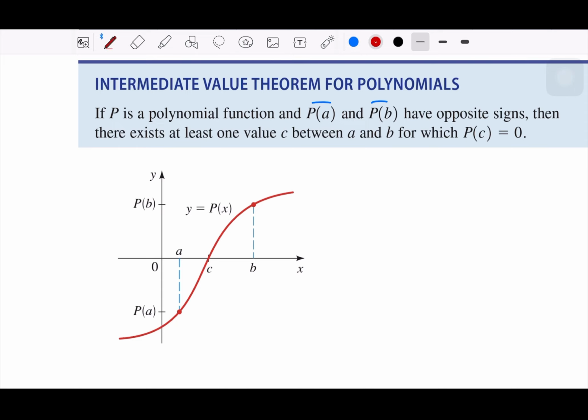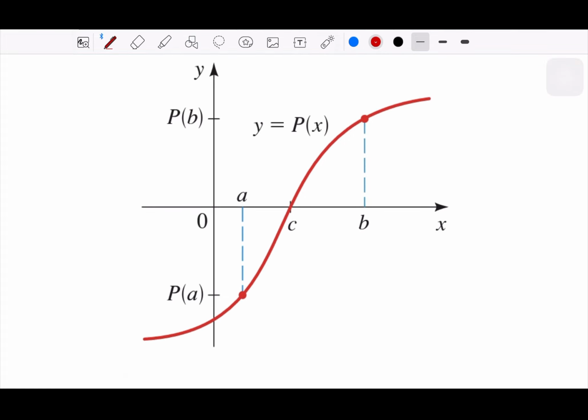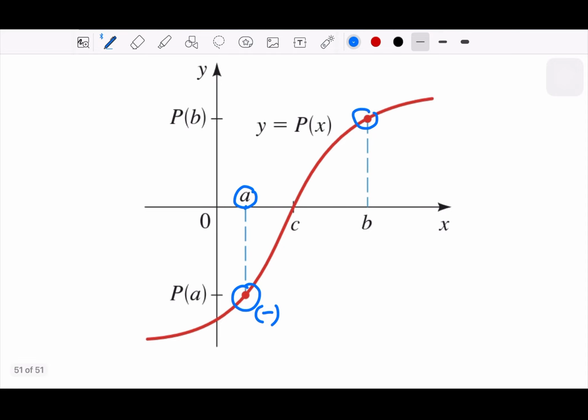A and B can be any numbers, but in our example here, A is here and P of A is here, which is negative, in the negative y. And B is here, and P of B is positive.